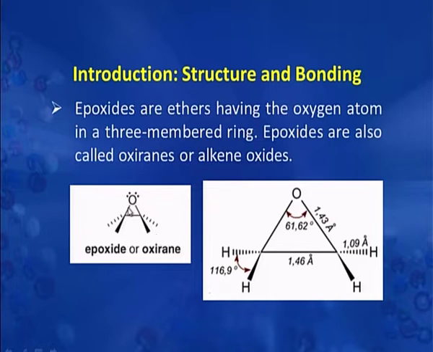Now, if you recollect, a three-membered carbocyclic ring is a highly strained ring according to Baeyer strain theory and according to Sachse-Mohr theory also.